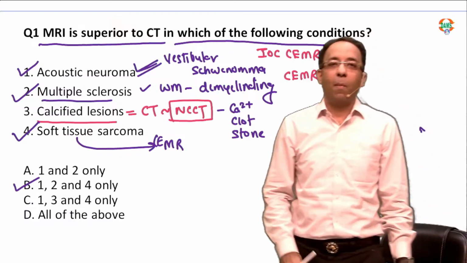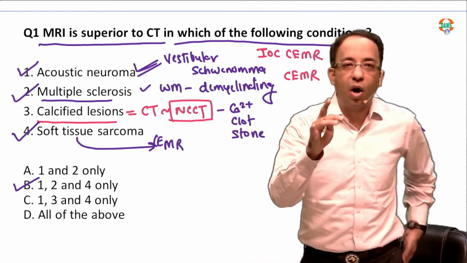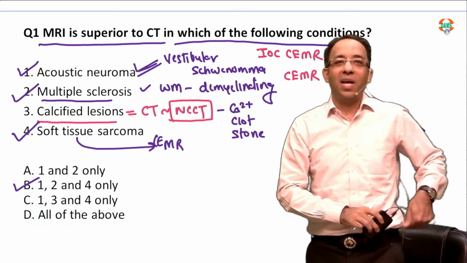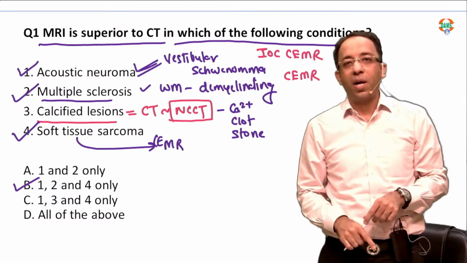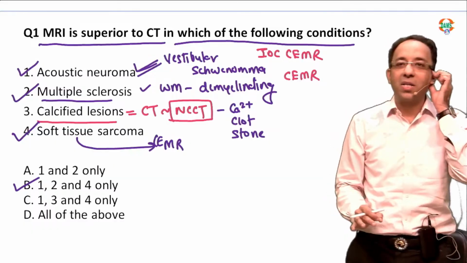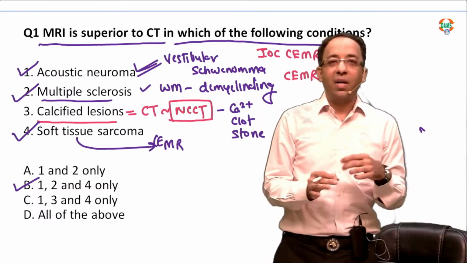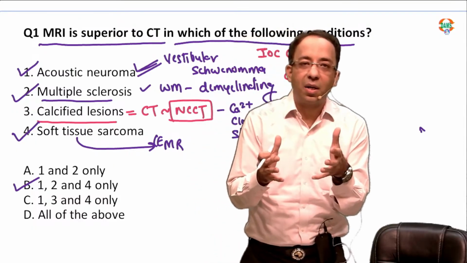Contrast MRI. Multiple sclerosis. Contrast MRI. What is the finding of multiple sclerosis on MRI? Name the finding. Any one of you can answer. Dawson's fingers. What else? Do you remember any finding that I described to you in the DAMS DVT where the findings are disseminated?